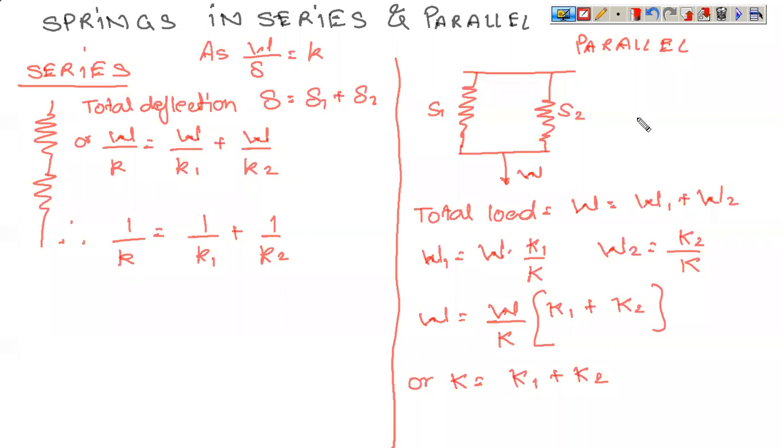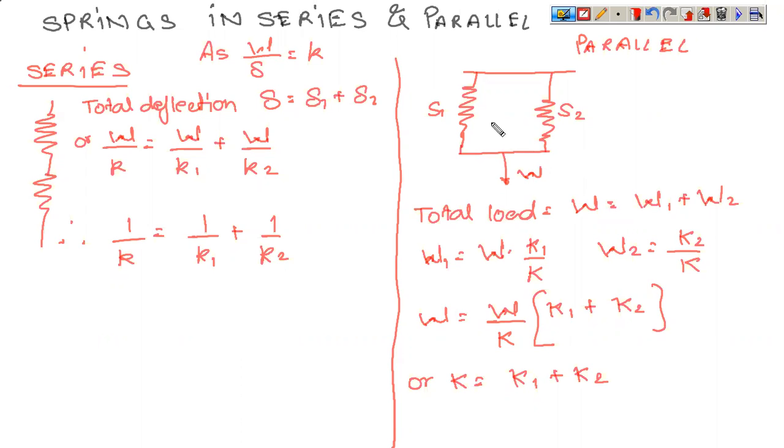Now, if you have springs in parallel, then let K1 and K2 be the stiffness of these two springs. Then the total load that is taken by this entire system is divided into two parts. And these parts are in relation to the stiffness of the system.